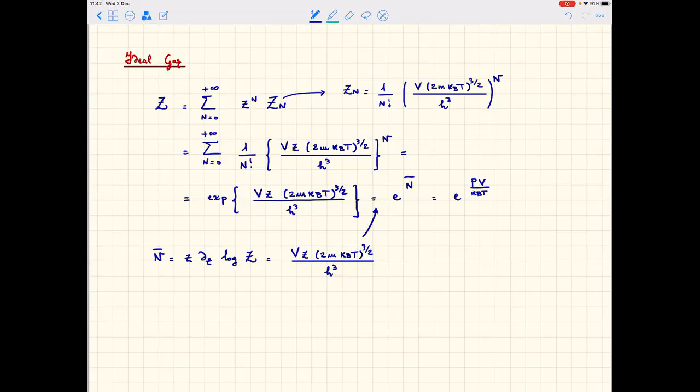And therefore, this expression implies that the equation of state for the ideal gas is PV over KBT equal to n bar, which is what we wanted. Okay?